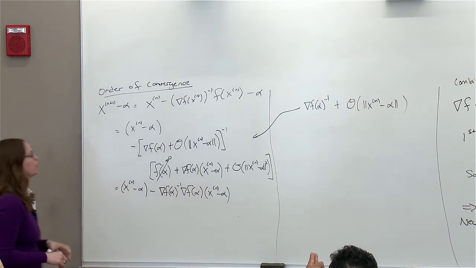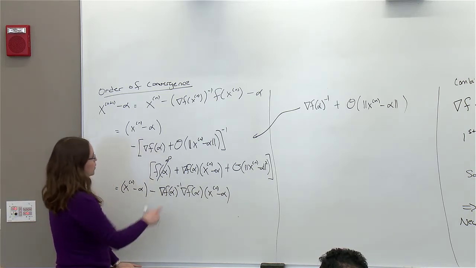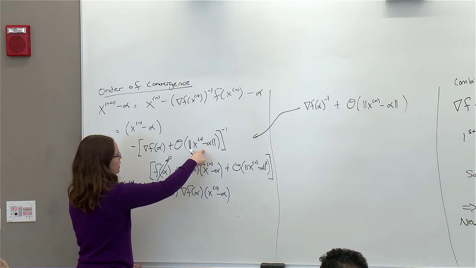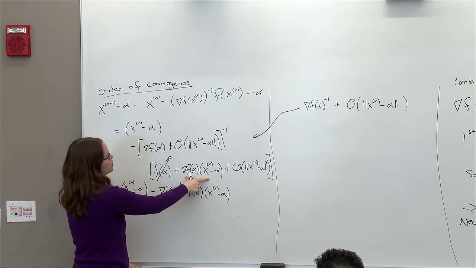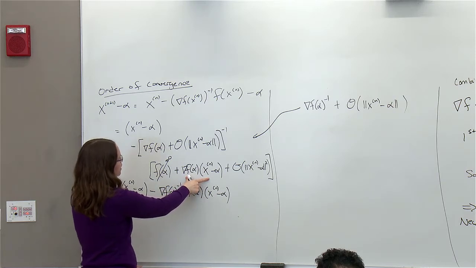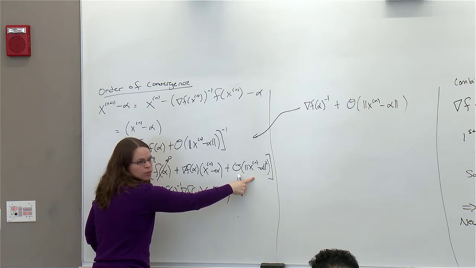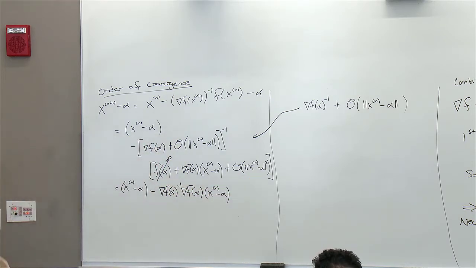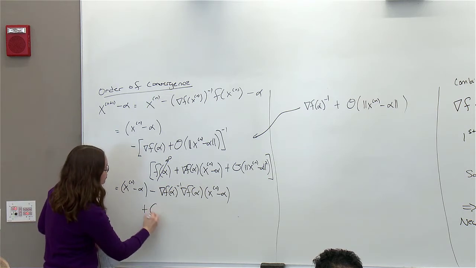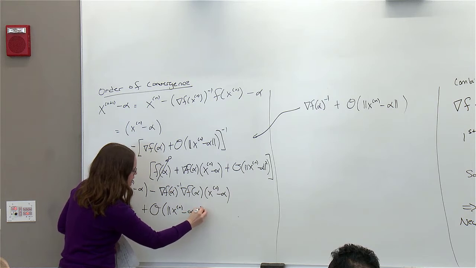To the second power, right? I've missed this cross term, xn minus alpha times this. This is another xn minus alpha, so that's quadratic. I've missed this term, but that's cubed, so that's smaller, right? So indeed, what's going to be left over is order xn minus alpha squared.